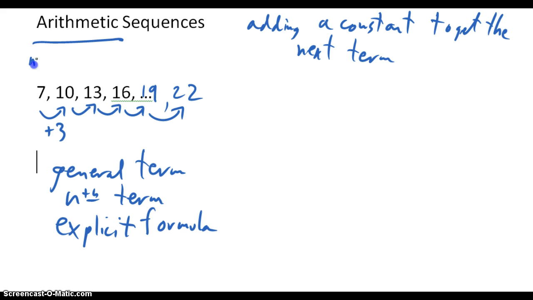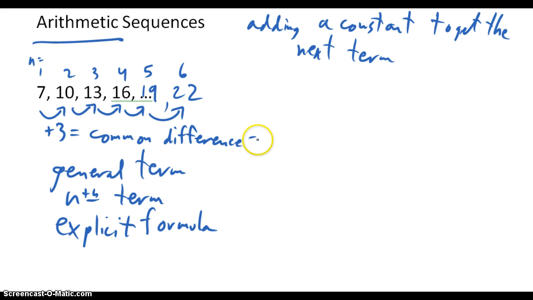Notice that here, n equals 1, 2, 3, 4, 5, 6. All that means is this is the first term. This is the second term. This is the third term. That's what that means. Okay? So this is what's called the common difference here. 3 is the common difference. All right? Also known as D.